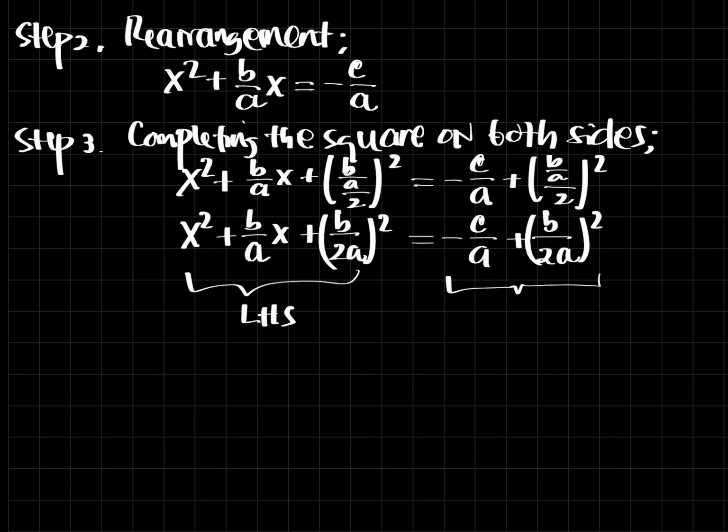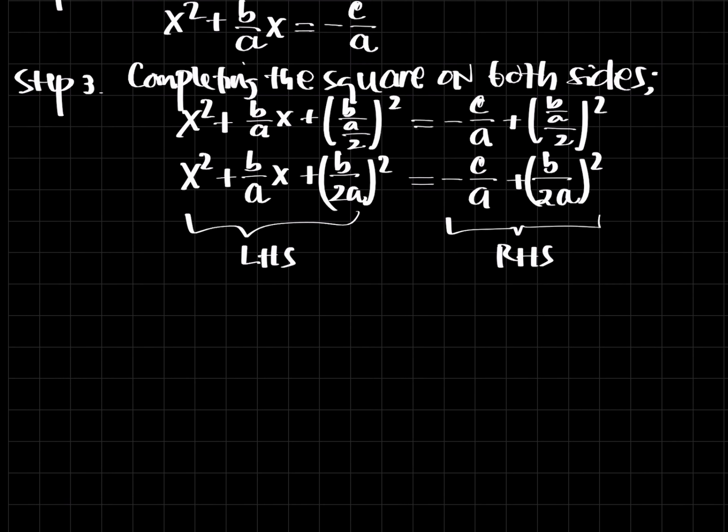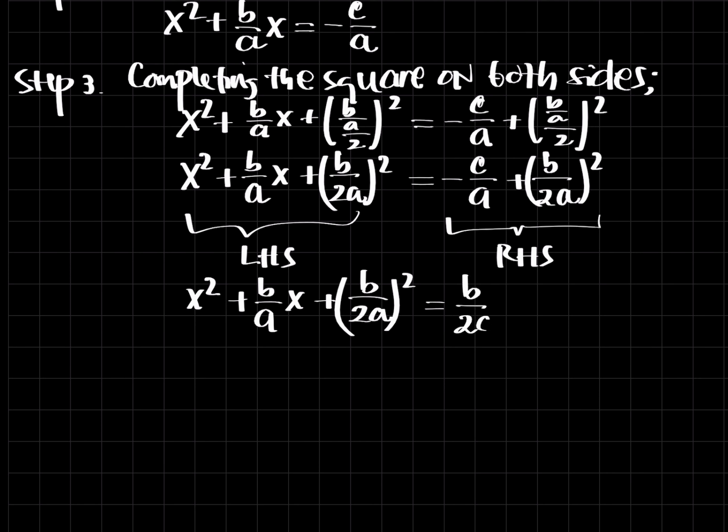Now we have to solve the right hand side first. So you just rearrange: b over 2a squared minus c over a. Okay, we got that. Now let's do the next step.